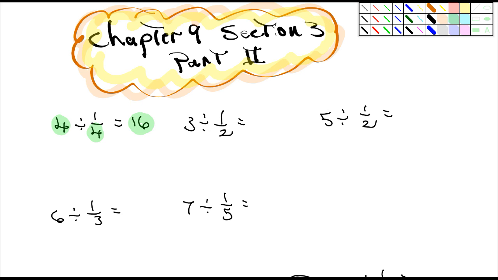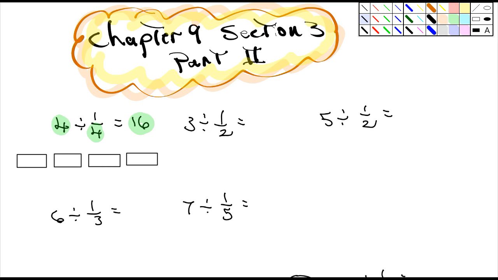Now, another way to look at this, what they're asking is if there was, let's say, 4 rectangles. There's 1, there's 2, there's 3, and here's 4. Now, if you were to look at these rectangles and you want to figure out how many of them would have 1/4 parts, you would just count up the 1/4 parts.